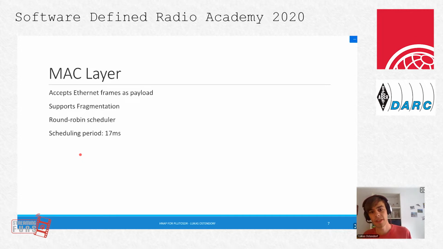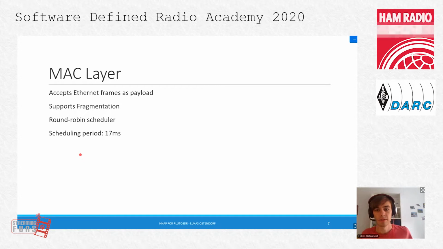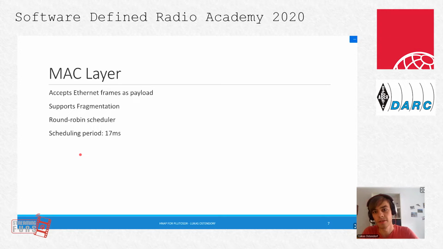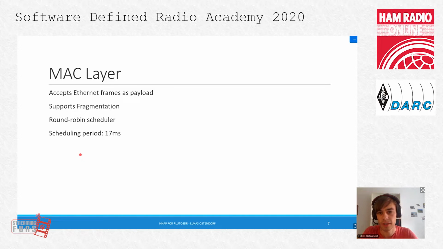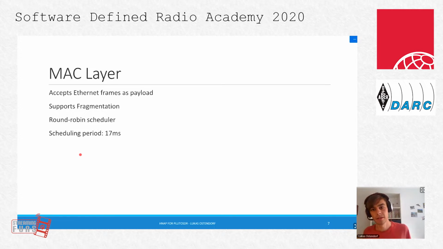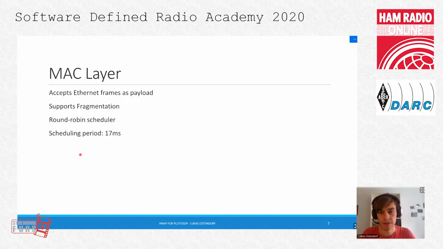Now, finally, at the MAC layer, we designed the system to be transparent to the Ethernet layer. So our MAC layer will simply accept Ethernet frames and forward them, and in the end, our MAC layer will also output Ethernet frames again. This has, in my opinion, the huge benefit that the overall system can just be viewed as one big Ethernet switch.